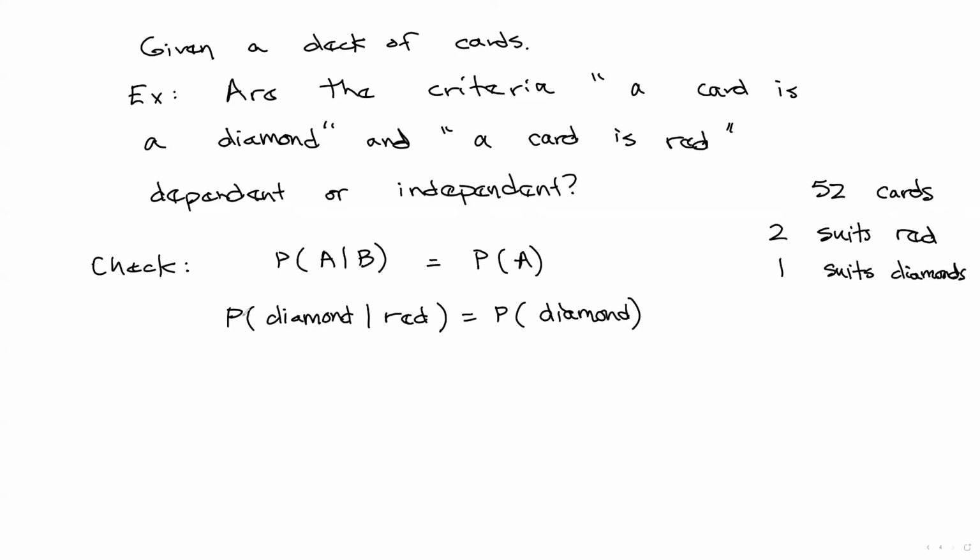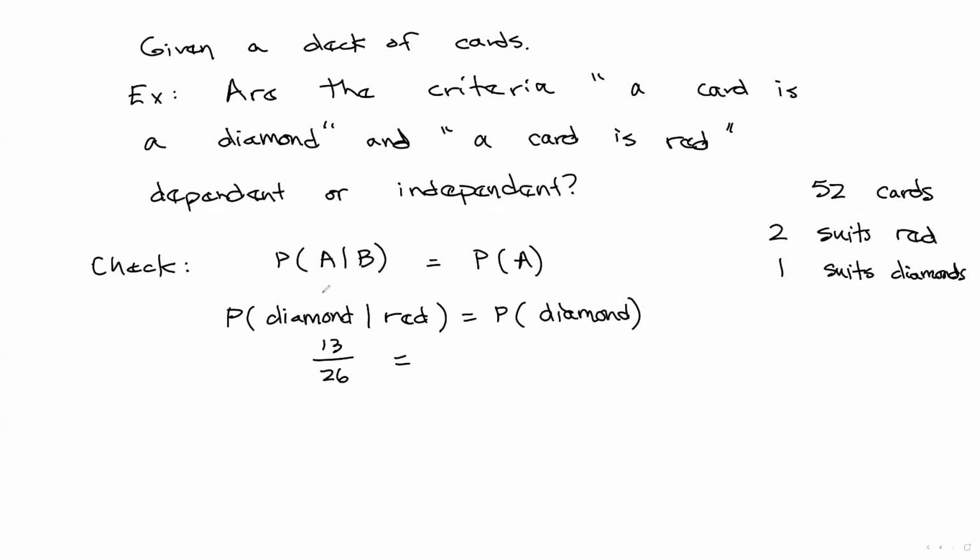So if you're looking at what's the probability that we've got a diamond, given that we have a red card, the event space, how many diamonds are there? There are 13 diamonds. How many red cards are there? Well, there are 2 suits of red, so there's 26 red cards.